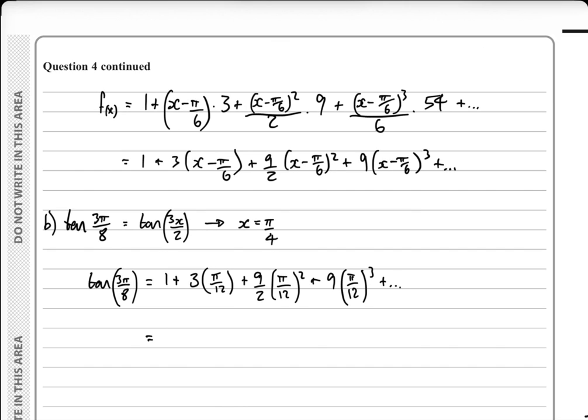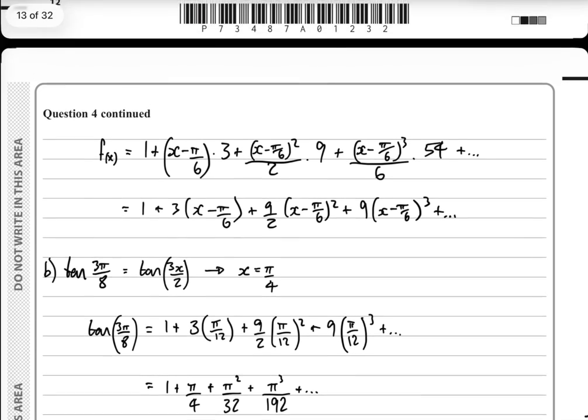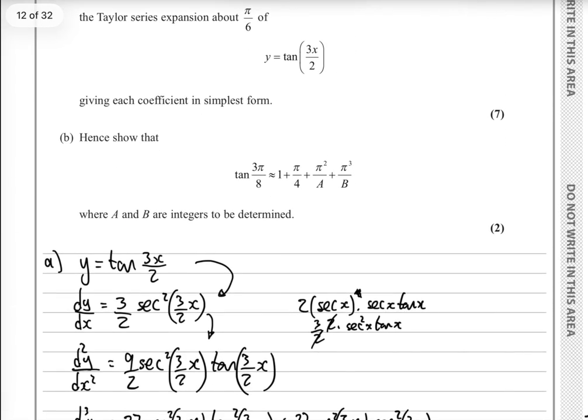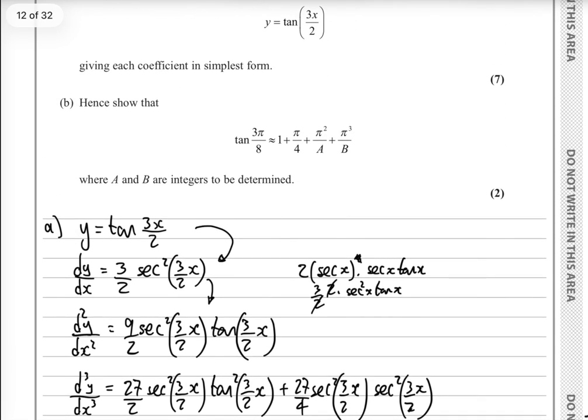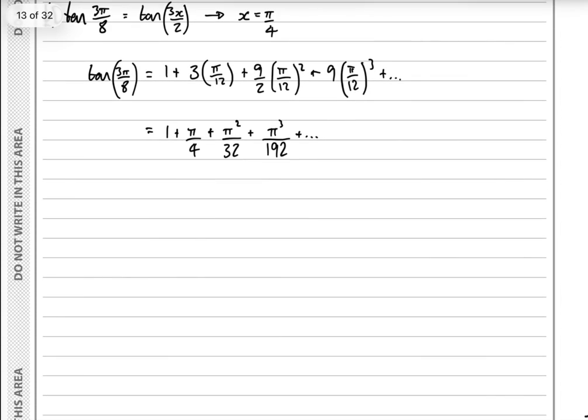Simplifying that, we get pi by 4, and this gives us 32 with a pi squared on the top, and this is a 192 with a pi cubed on top. Make sure that matches. 1 plus pi over 4 is looking good. That means A and B are 32 and 192 respectively.